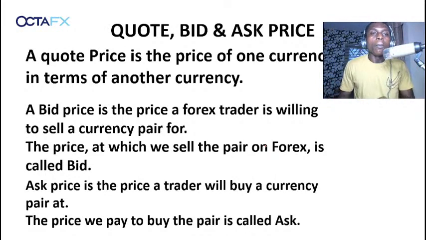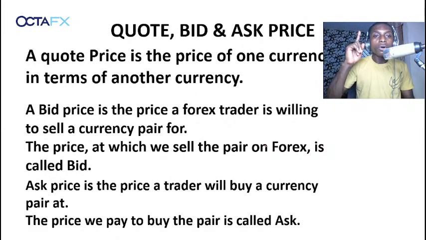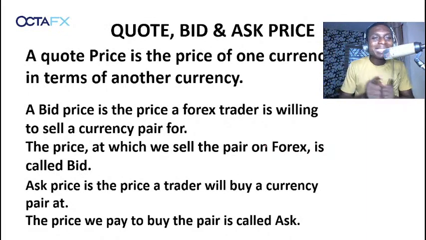The quote price is, let's say, 410, but personally I am willing to sell at 450 instead of 410. 410 is the quote price. I as a trader am bidding that I am only going to sell this $1 for 450. That is my bid price, right?